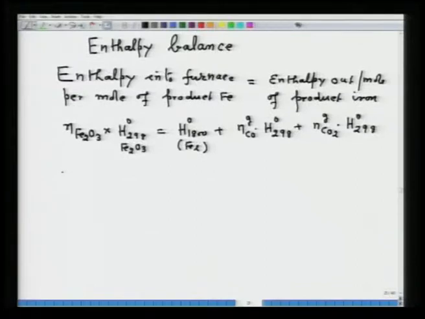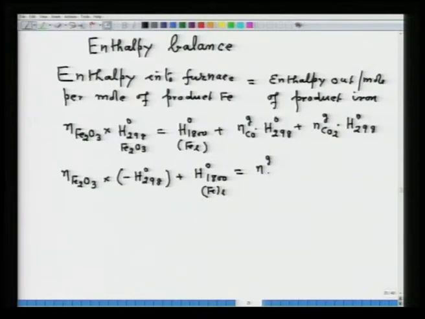In that process, n_Fe2O3 into minus H° at 298 plus H° at 1800, mind you, I am now considering the heat demand side, where heat is demanded, will be equal to n_gCO into minus H° at 298 plus n_gCO2 into H° at 298.